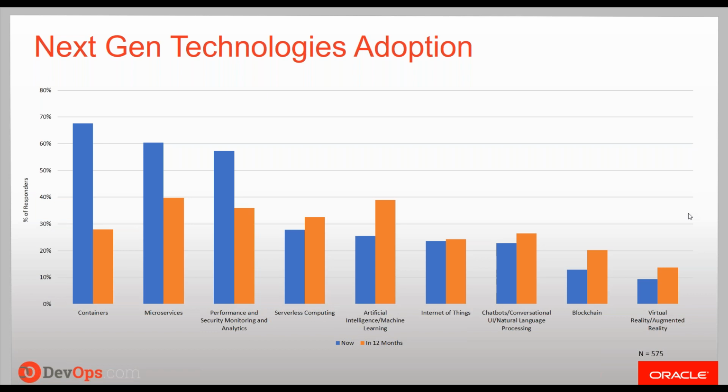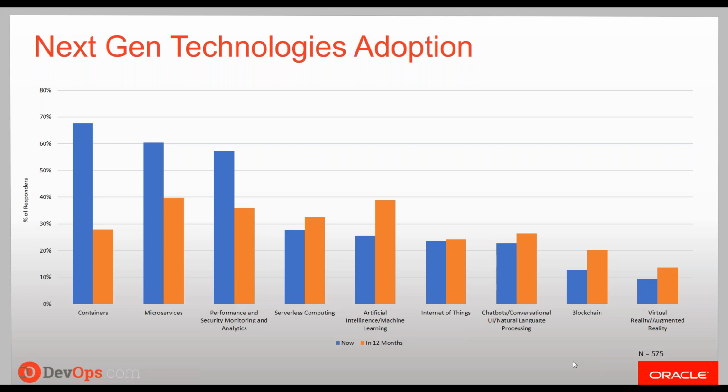As you can see, according to our over 550 or 575 respondents, almost 70% have already adopted containers in some way, and another 20-something%, almost 30%, are planning to do so within the next year. So within the next year, containers will be deployed in 90-something% of organizations. Microservices, not that far behind.